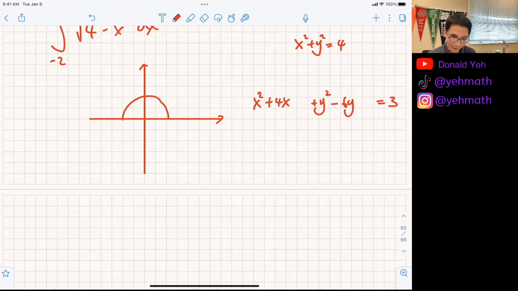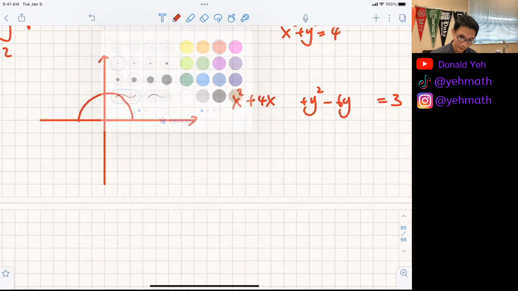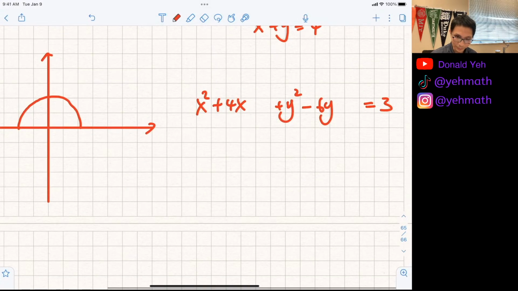Because they're going to give you this and ask, can you find the center of the circle, or can you find the area of the circle? And they give you this equation: x squared plus 4x plus y squared minus 6y equals 3. And you're going to be like, I have no idea how to do this. You don't, or you do? No? Okay, so I'm going to teach you. Now this is worth like a $50 lesson right here, so you better be paying attention.